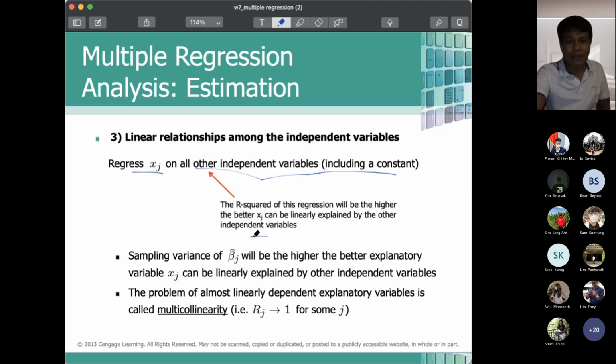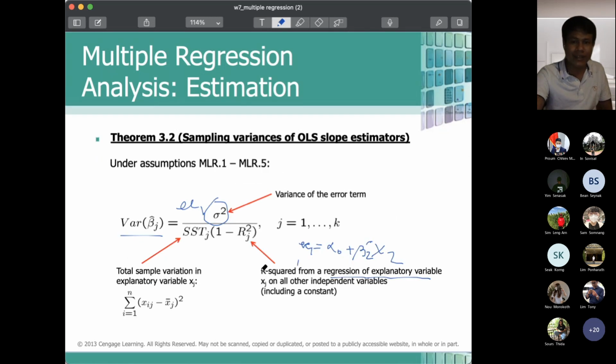If that is the case, the sampling variance of delta J hat will be higher, so it is imprecise. This problem, almost linear dependence among explanatory variables, we call multicollinearity.